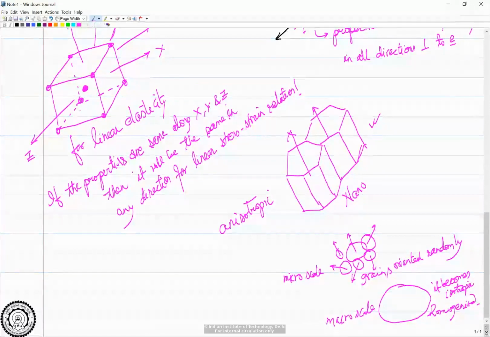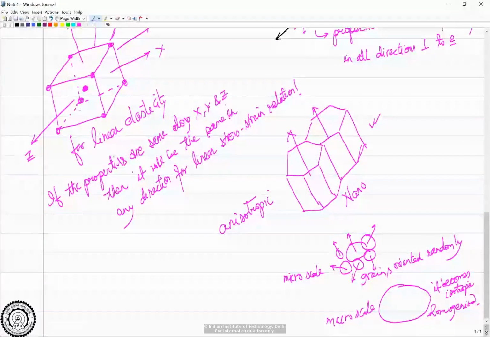But if the grains are not oriented randomly because of some reason, let us say you apply electric field so that the grains start orienting in a particular direction, then you can change the material from being isotropic to anisotropic.